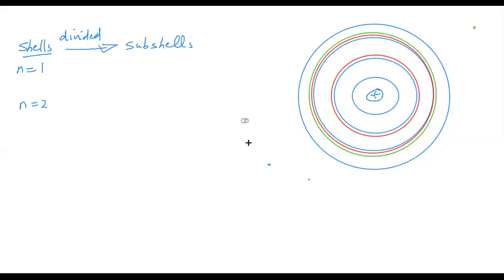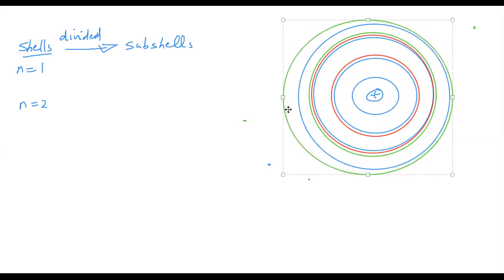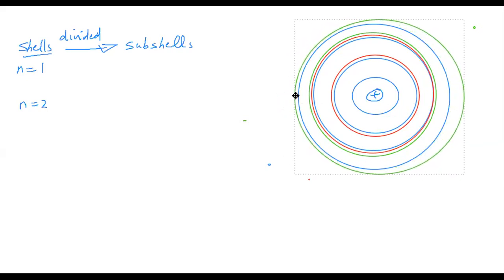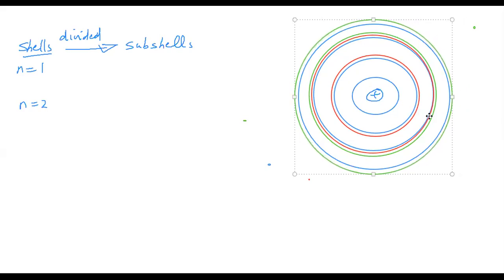Now the third shell is divided into 3 subshells, and the fourth shell is divided into 4 subshells.